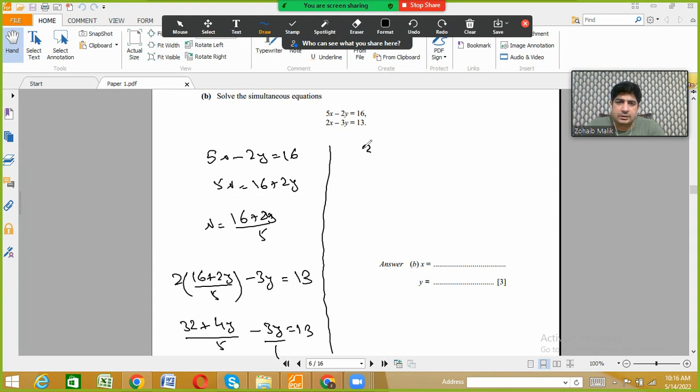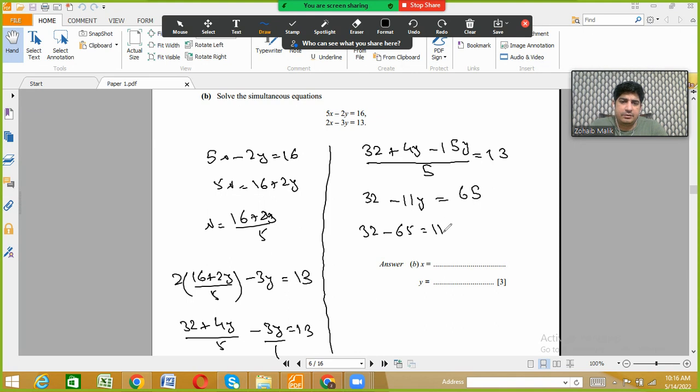This is 32 plus 4y minus 15y over 5 equal to 13. So now 32 minus 11y, because plus 4y and minus 15y is minus 11y, and this 5 is dividing here, so it will go and multiply there, so 13 times 5 is 65. Now 32 minus 65 is equal to 11y.